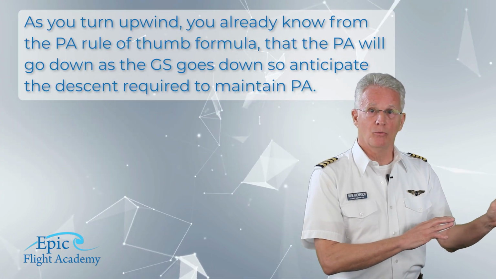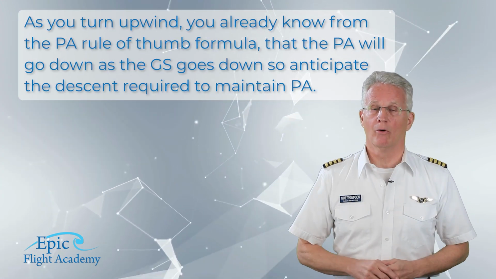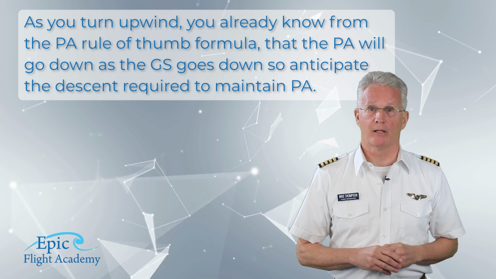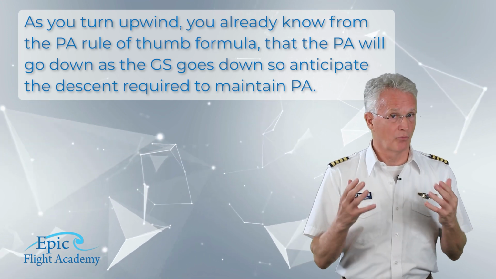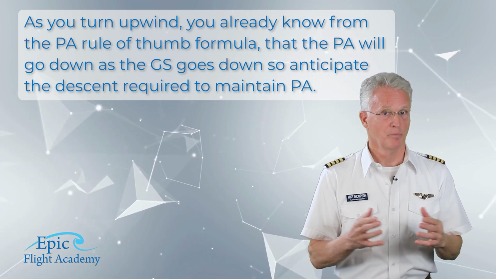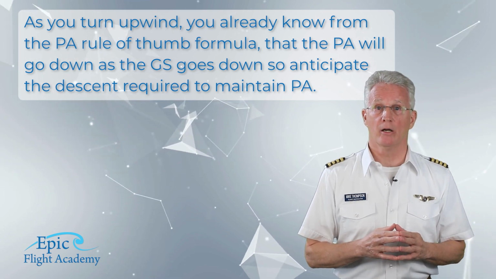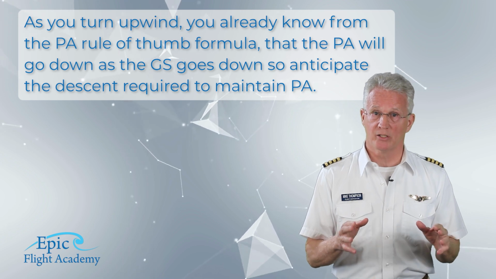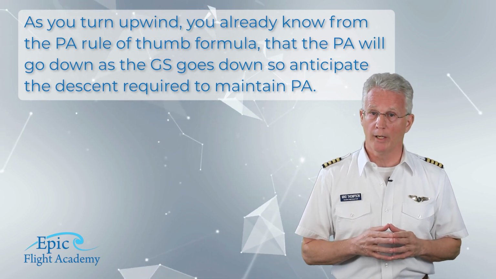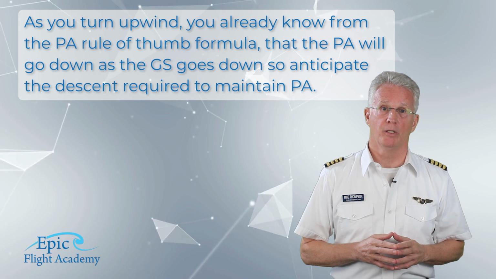As you turn into the wind, you already know from the pivotal altitude rule of thumb formula that the PA will go down as the airspeed goes down, so anticipate the descent required to maintain PA.